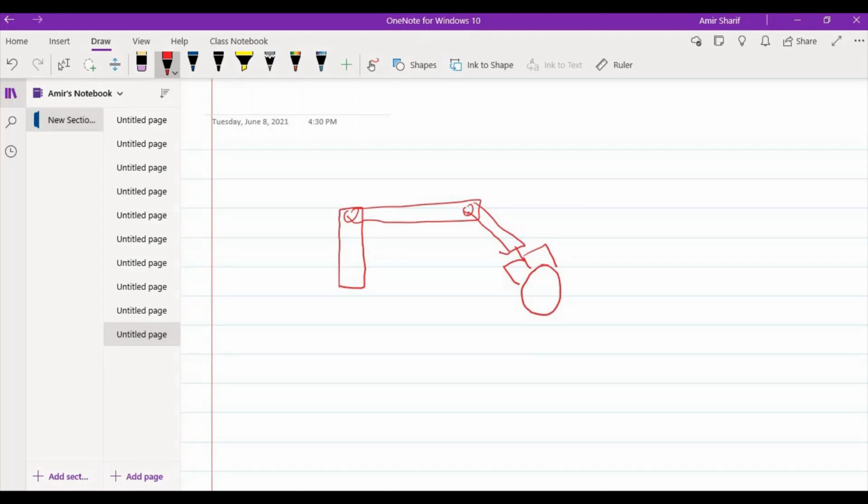So for this purpose you can say that the configuration of this coin can be represented by x, y.